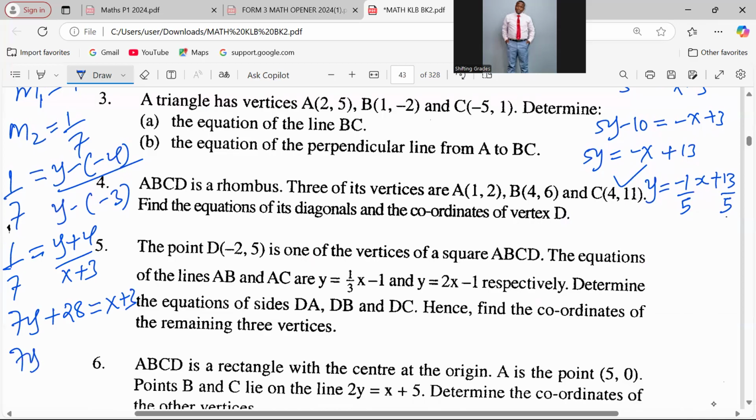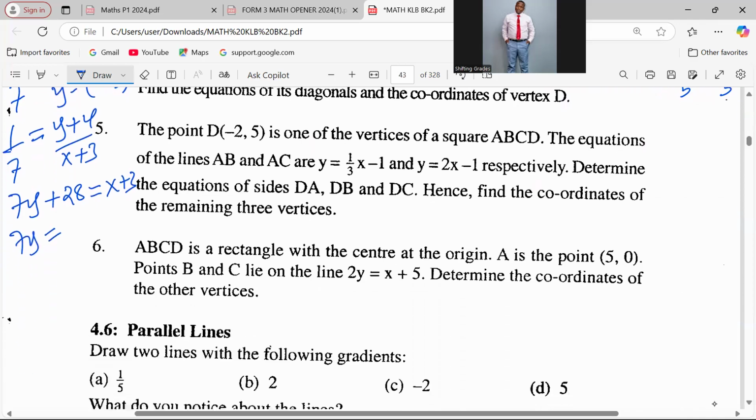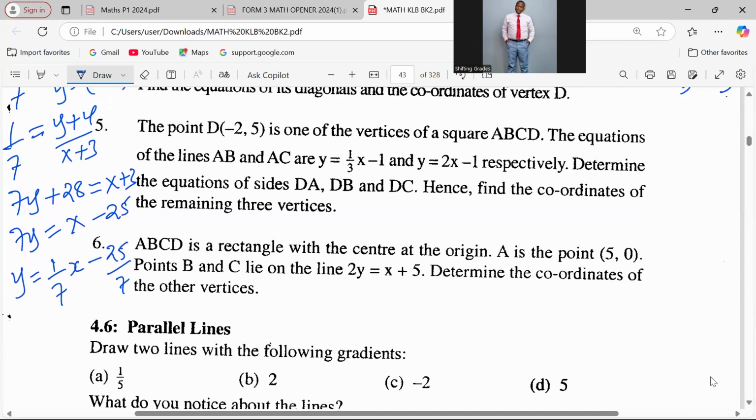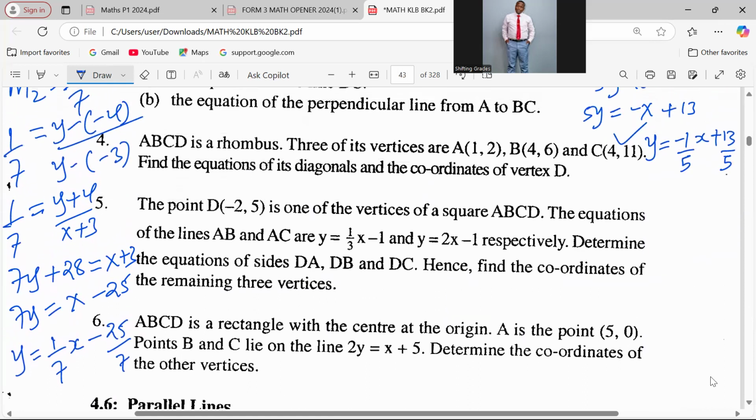So 7y equals x minus 25, because 3 minus 28 is negative 25, right? The value of y will be 1/7 x minus 25 out of 7. So you can now work out similar questions.